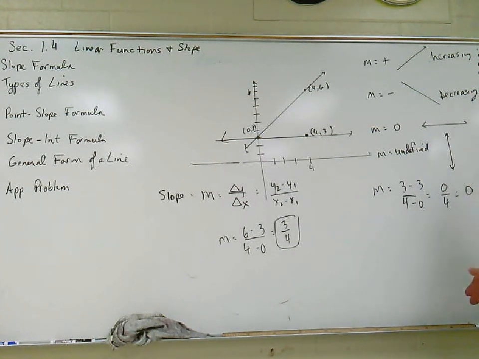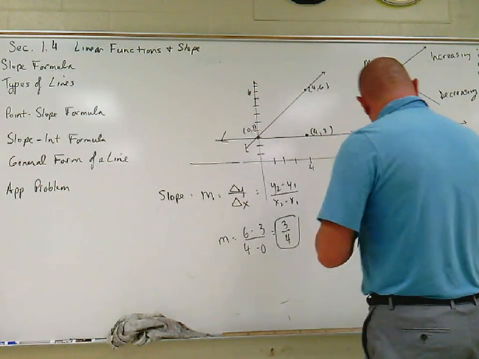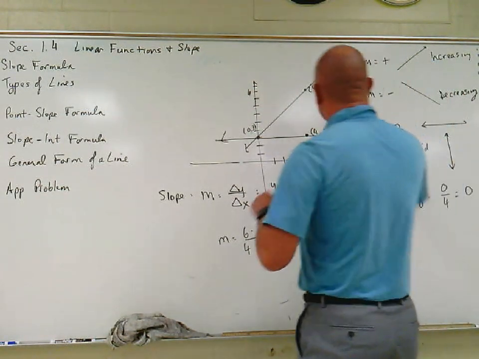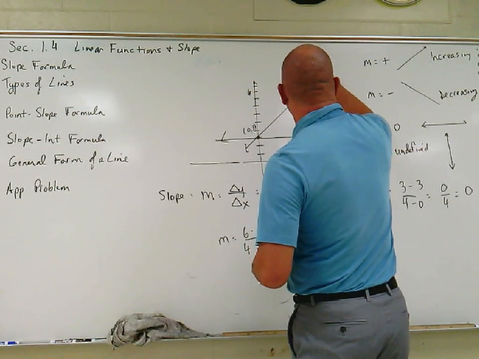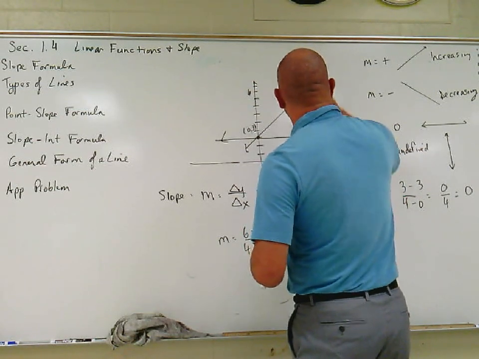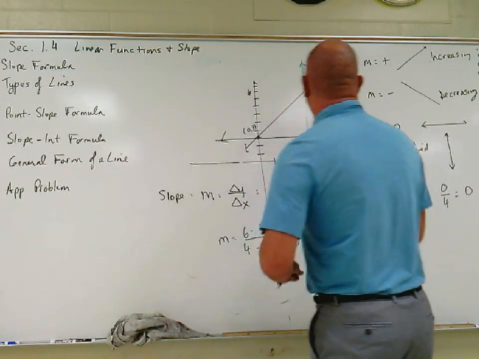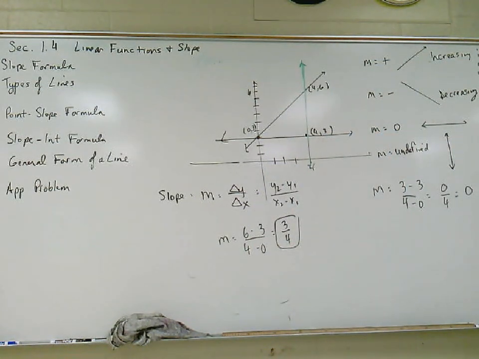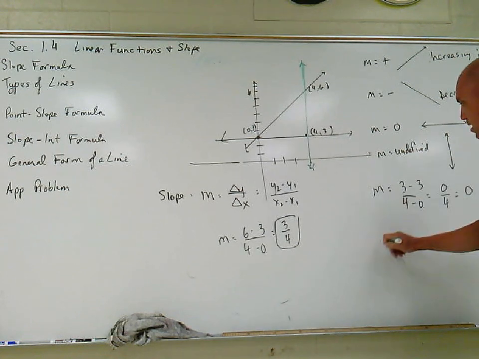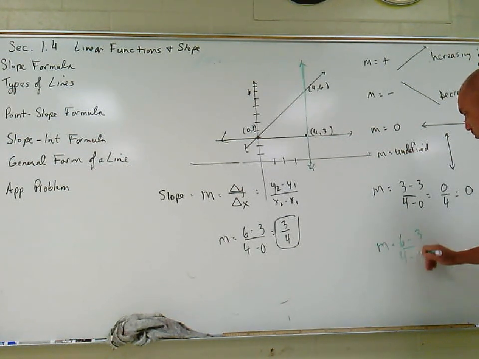That's a vertical line. So if we go over here, we look at this line through these 2 points. We're going to show that the slope is undefined. So if I look at that green line there, it's 6 minus 3 over 4 minus 4.